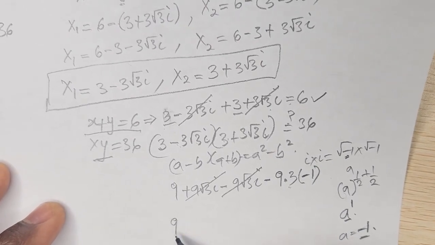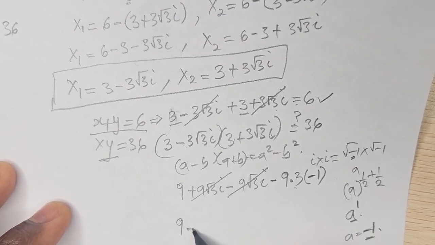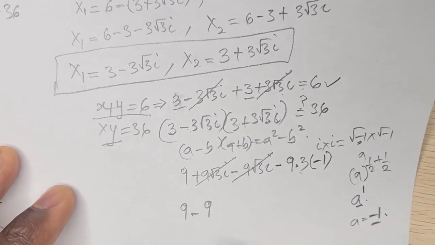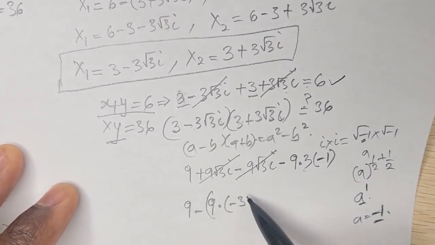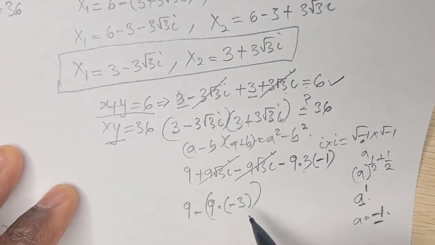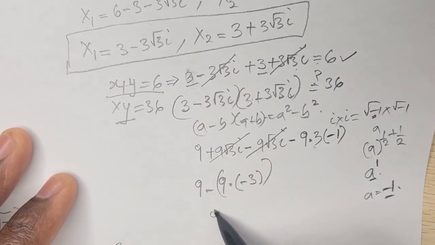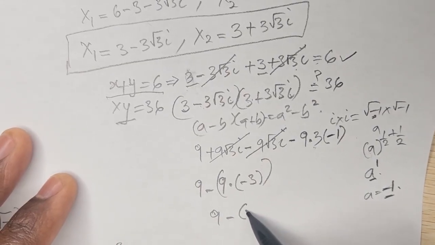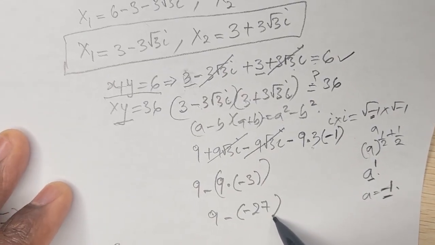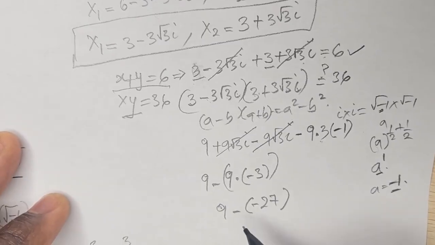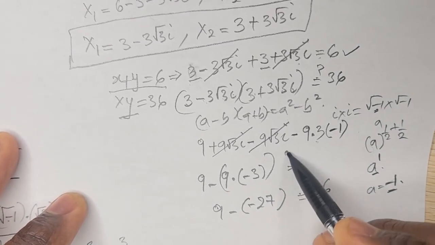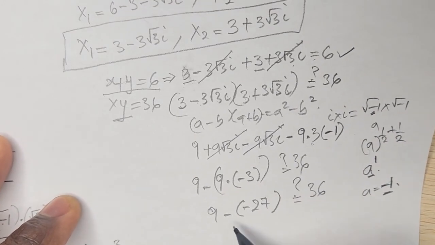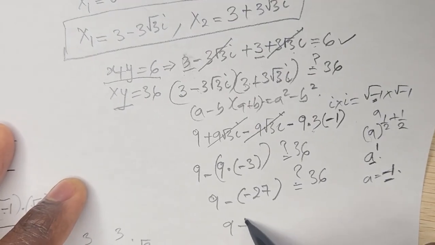And then we have 9 minus 9 times minus 3, so we have 9 minus minus 27. Is this equal to 36? Now it becomes 9 plus 27.